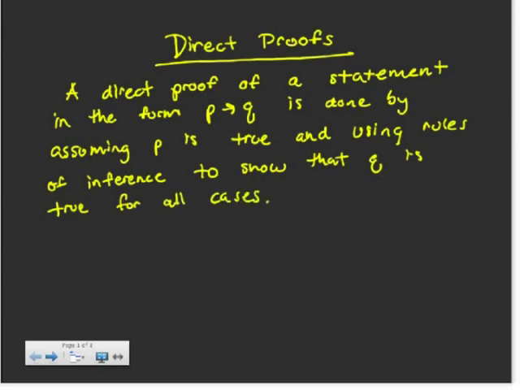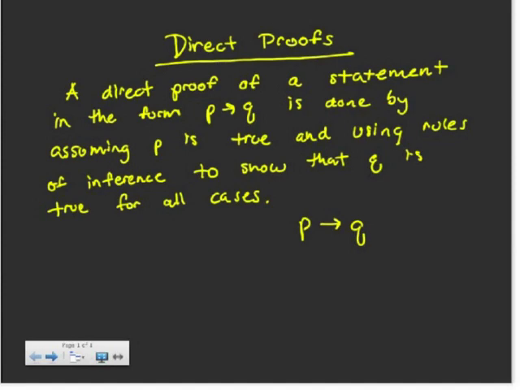Okay, so the reason that a direct proof works is that, let's go through step by step. So we have a direct proof of a statement in the form P implies Q. So we're given P implies Q, just like our if today is Saturday, then we wash the car. And then this is done by assuming P is true.